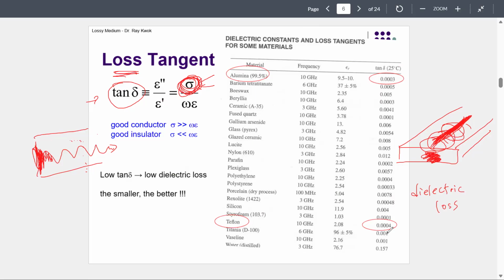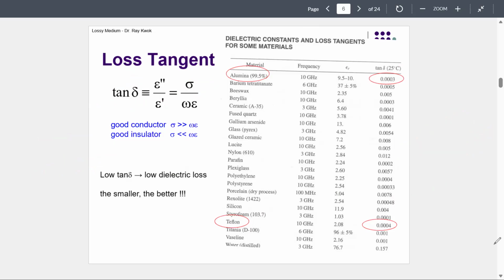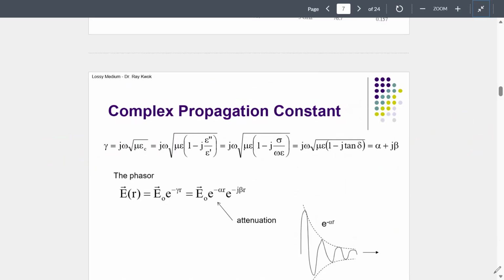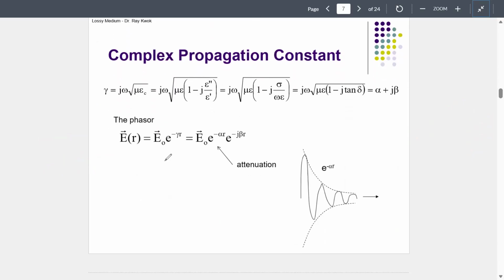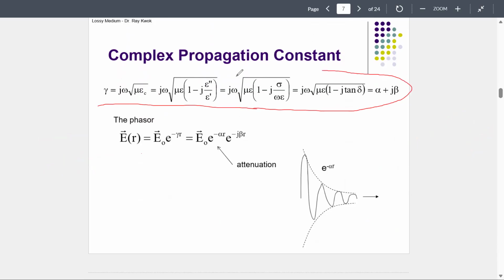Now we start getting into a little bit non-conventional thinking. All right, so to do the math, this definition is going to be on the cheat sheet.